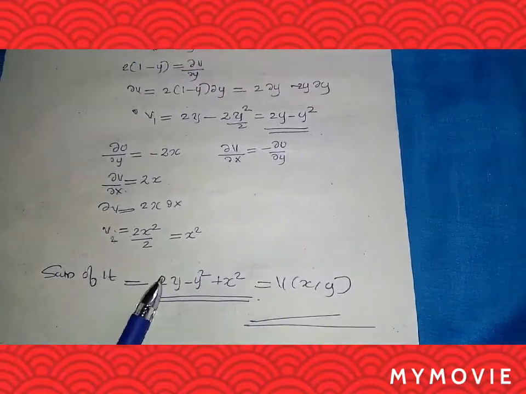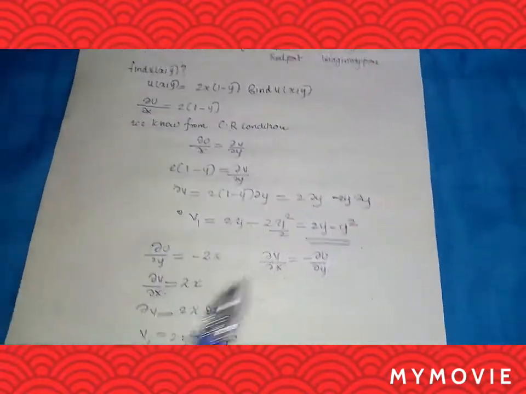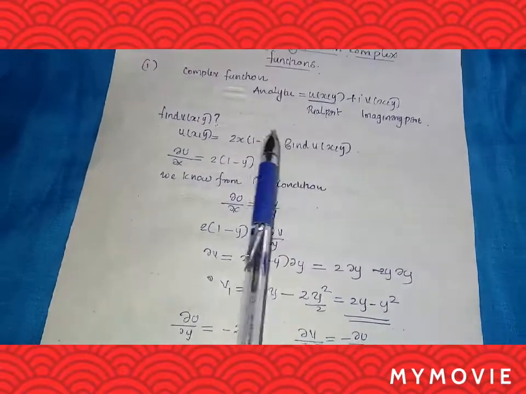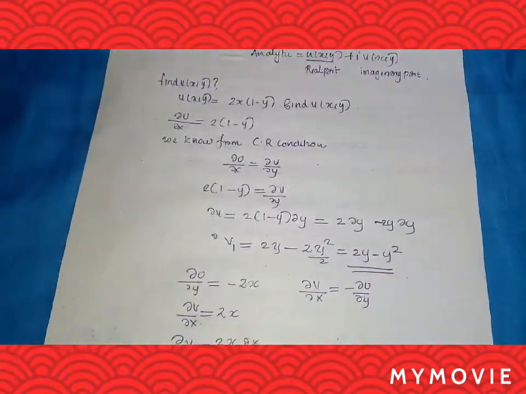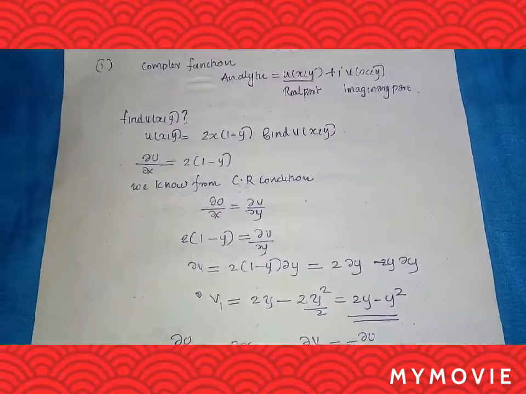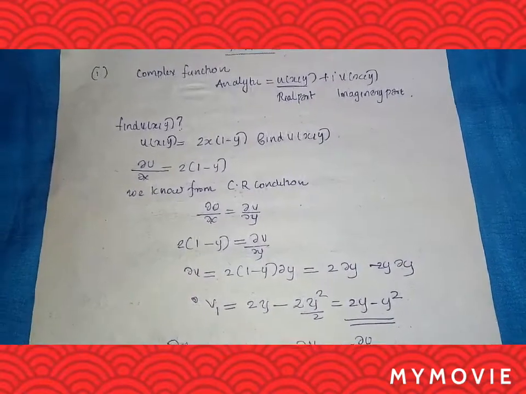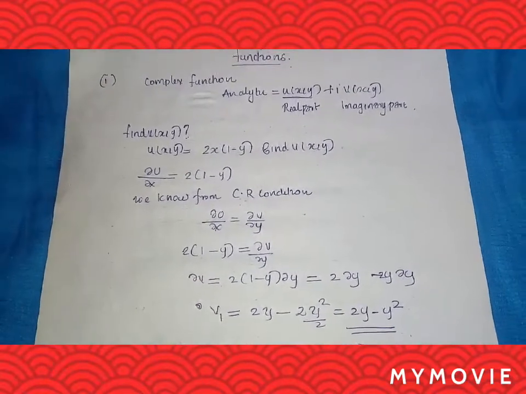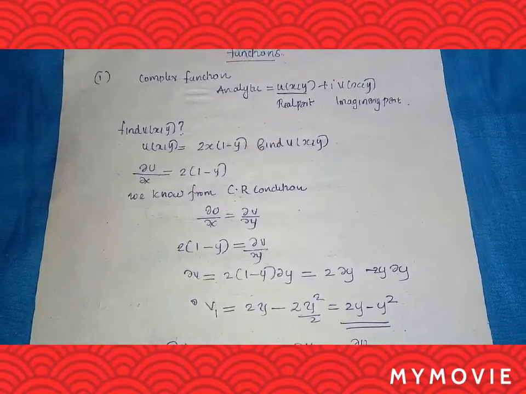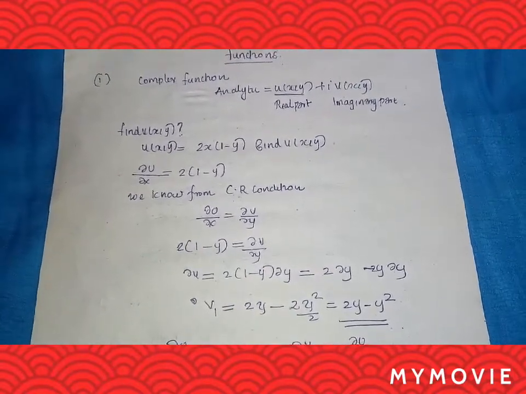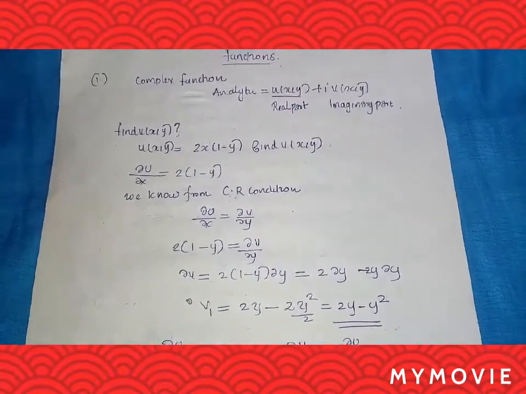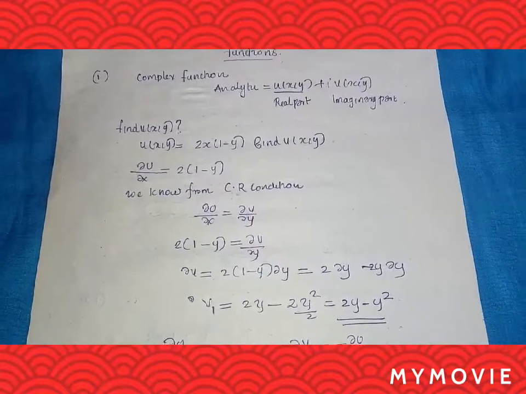So this is the actual imaginary part of the analytic function which has the real part 2x into 1 minus y. Okay. So what is the main condition to find the imaginary part? That is, check with the Cauchy-Riemann conditions, find the imaginary parts, take the sum, check whether there is a repeated term, and cancel it.